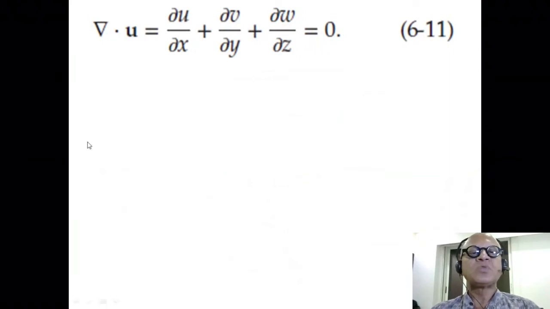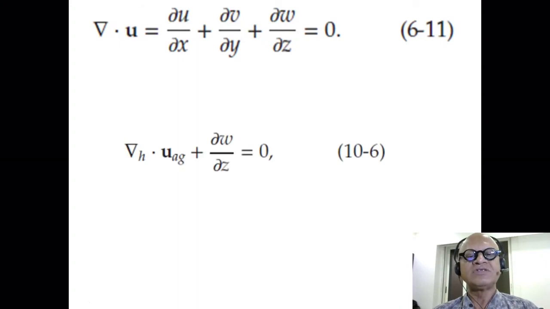Okay, so the non-divergence of the geostrophic currents tells us, for incompressible flow, that du/dx plus dv/dy plus dw/dz is 0, whereas the ageostrophic component can be written as the horizontal divergence of u_ag, plus dw/dz equal to 0.